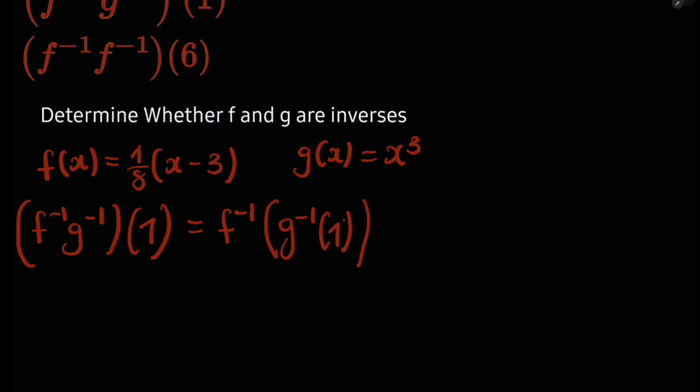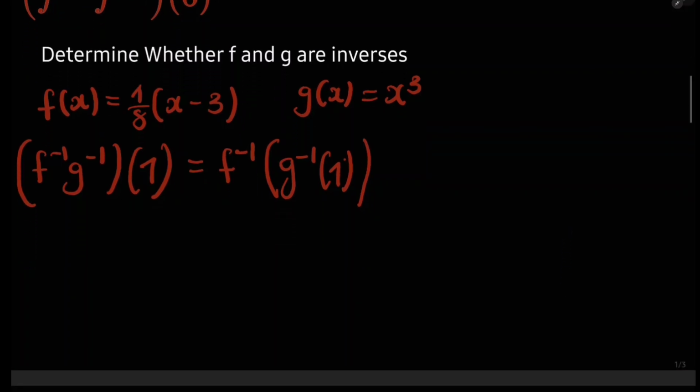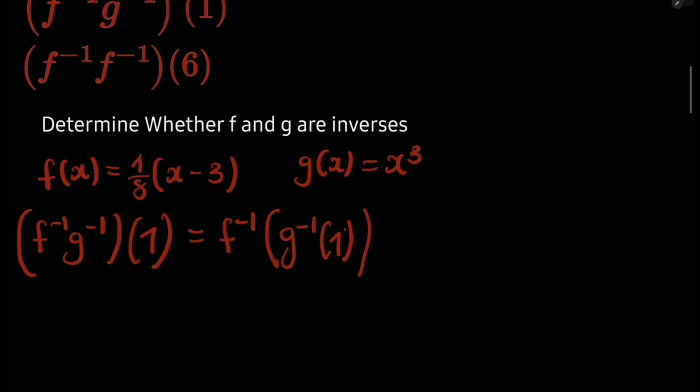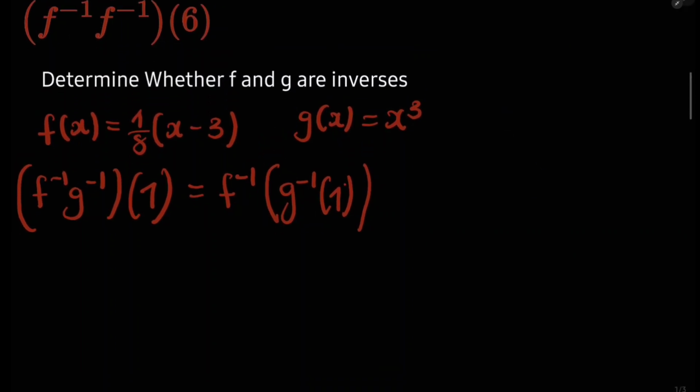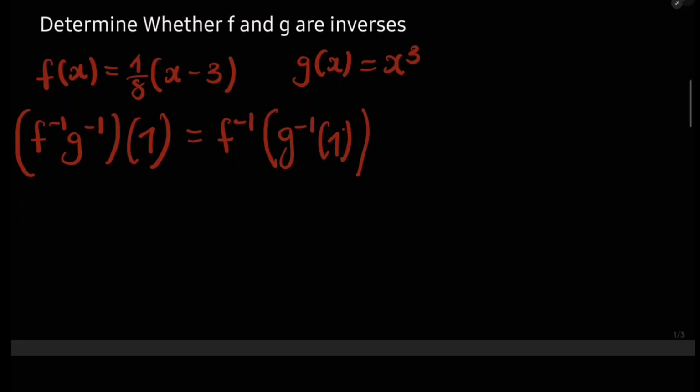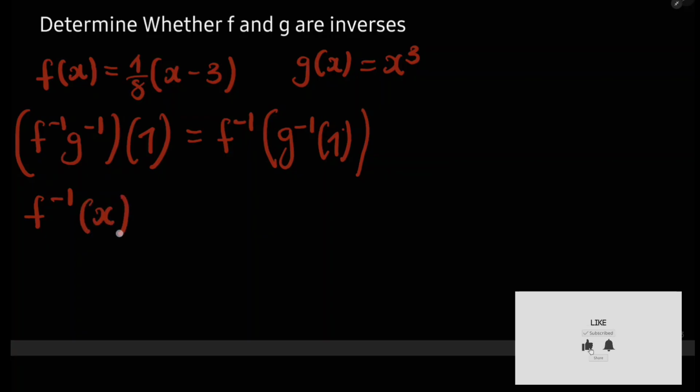But wait a minute, we don't know f inverse and we don't know g inverse, so this takes us back to our inverses. Now we need to find the inverse of f and the inverse of g. So let's take the first one. We need to find the inverse of f of x.